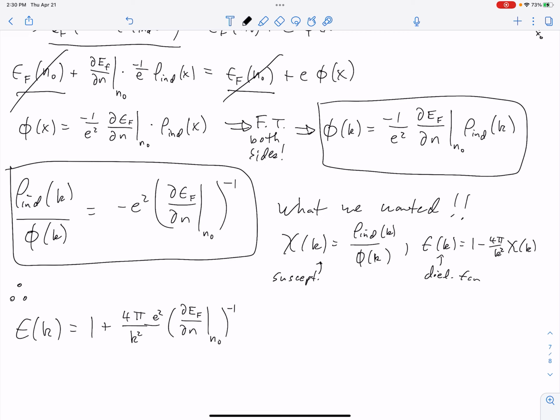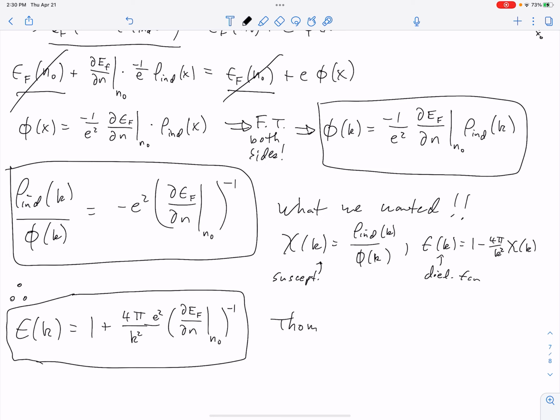And there it is. That, my friend, is the Thomas-Fermi dielectric function. Yay.